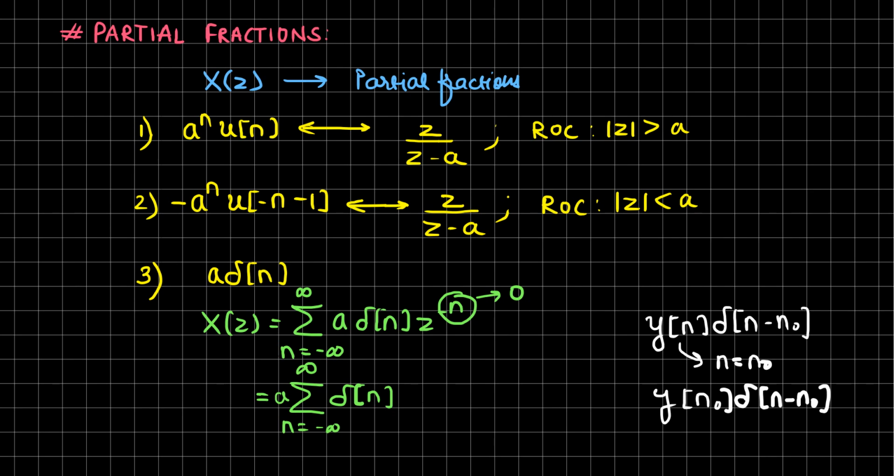And we also know that this summation n running from minus infinity to infinity, del of n is nothing but equal to 1. Therefore, the value of z transform is this constant a. Therefore, the z transform of unit impulse scaled by a constant a is given by the constant a itself with a region of convergence of entire z plane.